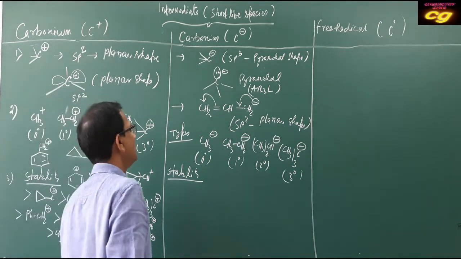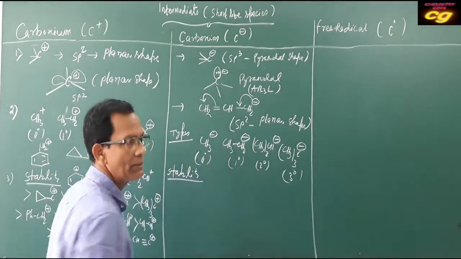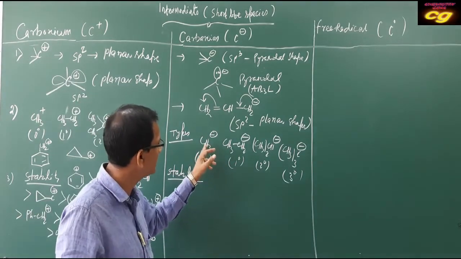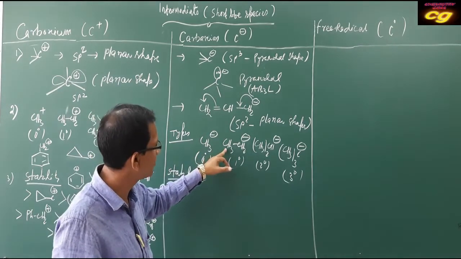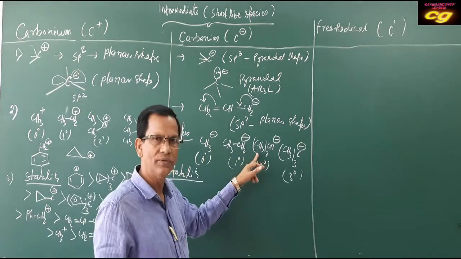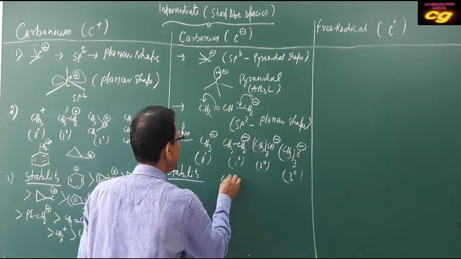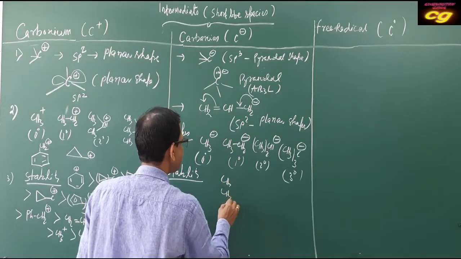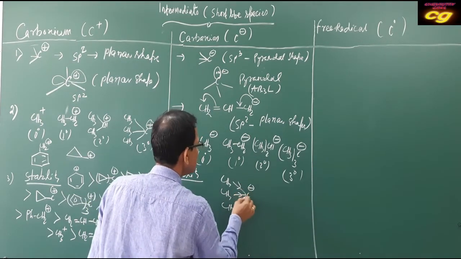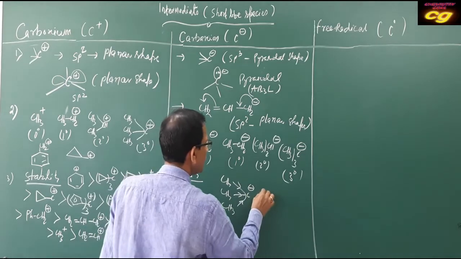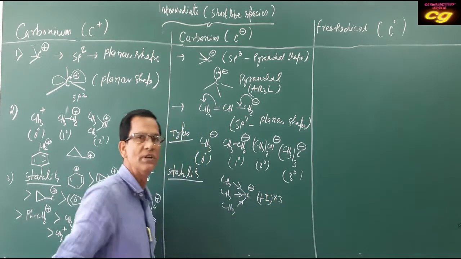For example, for the stability order of this type of carbon carrying negative charge, here it has no plus I effect. It has 1 plus I effect. It has 2 plus I effect. It has 3 plus I effect. If you see this structure, here it is supplying electron.